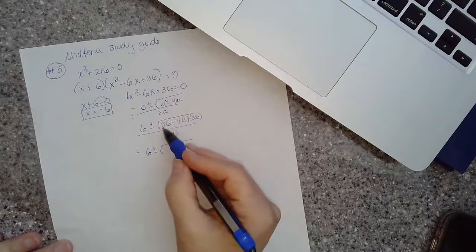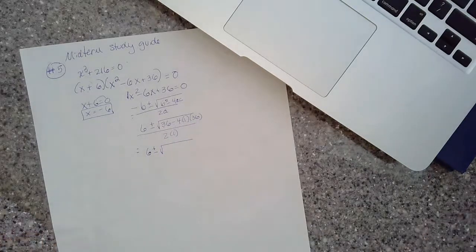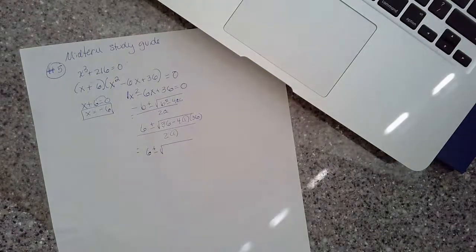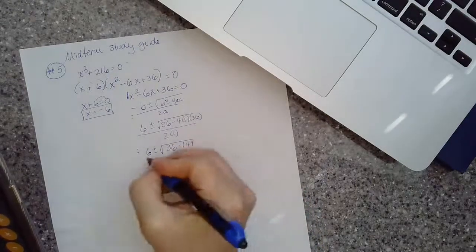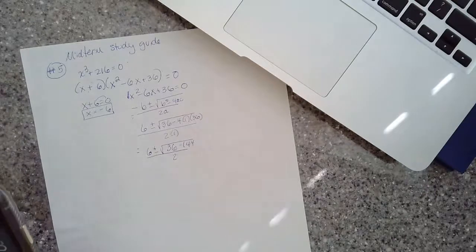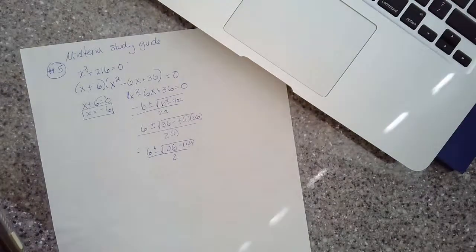36 minus 4 times 1 times 36. I'm going to have to get my calculator out for that. So let's do that and see what we've got. So it becomes 36 minus 144. And then 36 minus 144 certainly puts us in the red. We're going to have a negative number there.